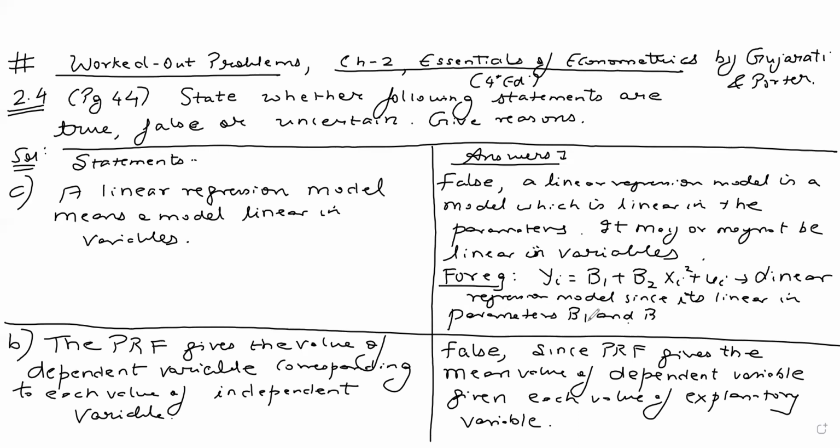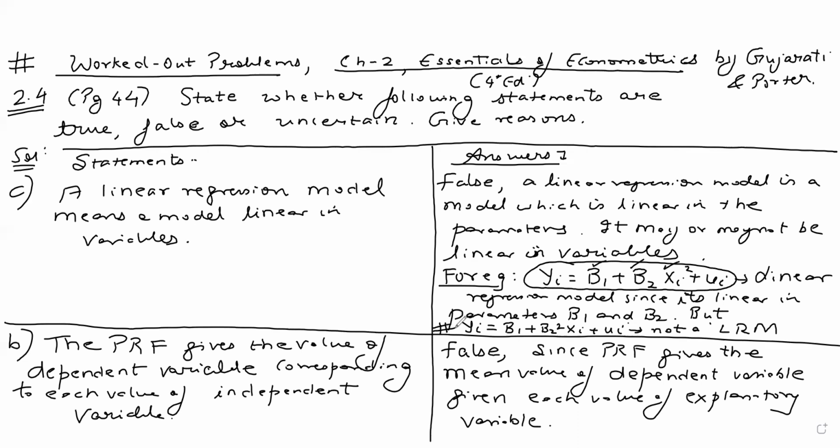But if I talk about yi equals B1 plus B2 squared xi plus ui, this is not a linear regression model. LRM stands for linear regression model. So guys, the earlier model is a linear regression model because even though it's not linear in xi, it's linear in B1 and B2, which are the parameters.